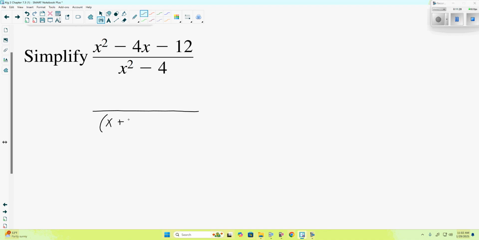Our x plus 2 and x minus 2. Because this is just going back to our a squared minus b squared is a plus b times a minus b. Always start with the one that we can see the factors of first, or ones that we know don't factor at all, because then we just rewrite them. Questions on this so far?